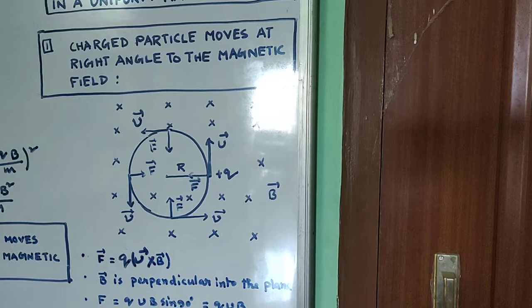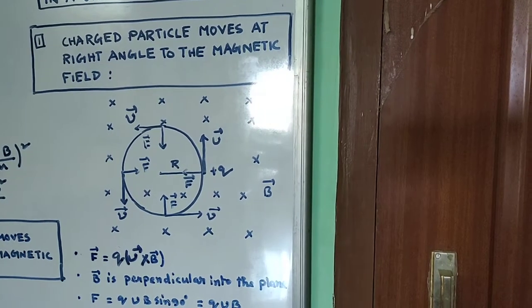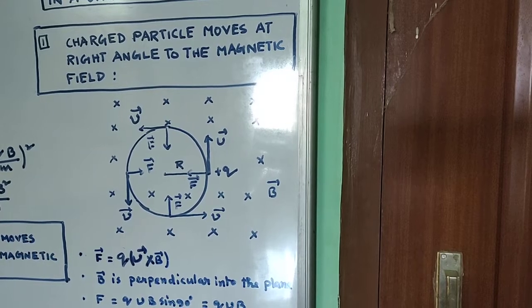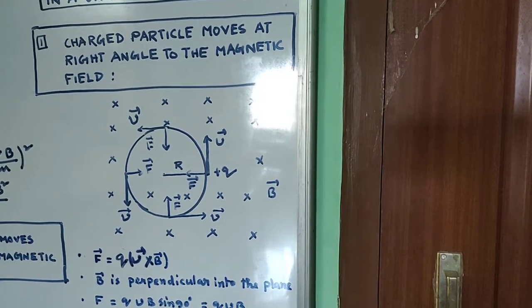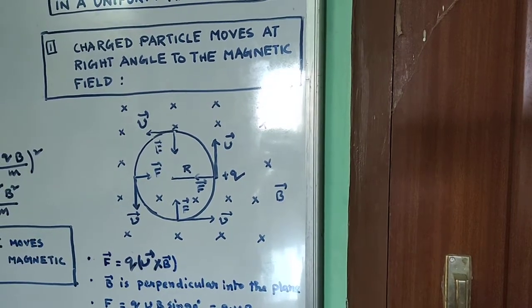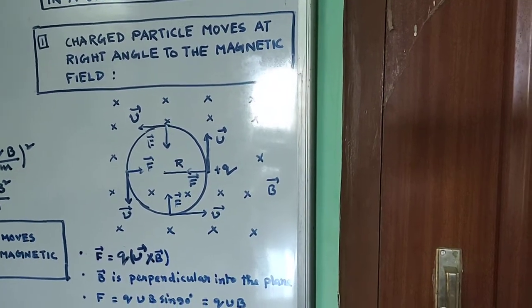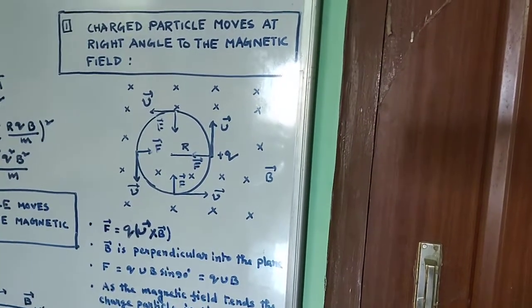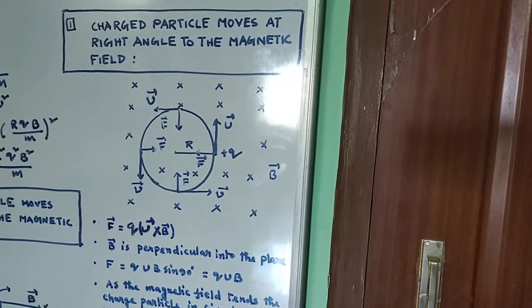Now on the plane there is a charged particle, plus q charge, and it moves perpendicular to the magnetic field, because the magnetic field is perpendicular to the plane and the charged particle is on the plane. So the charged particle moves at right angle to the magnetic field.